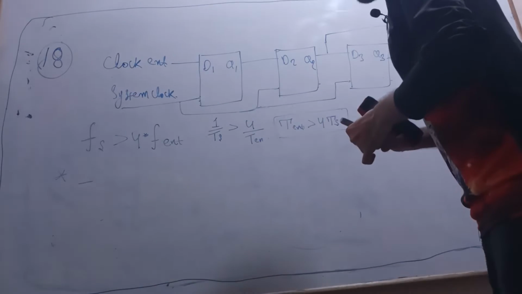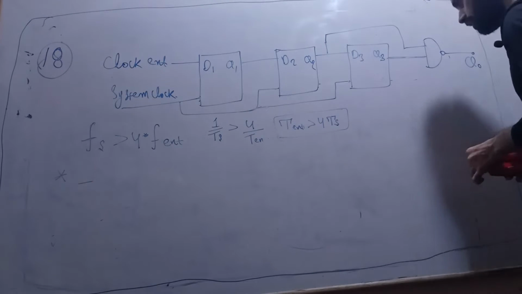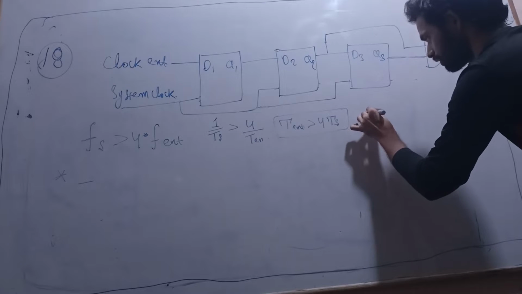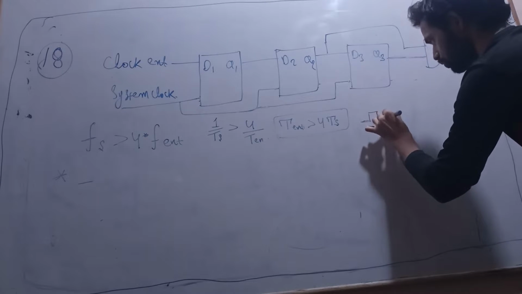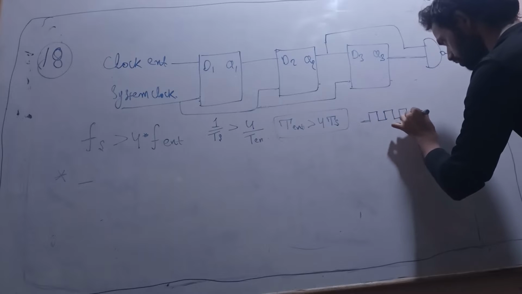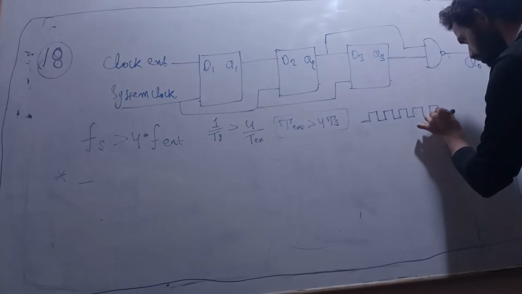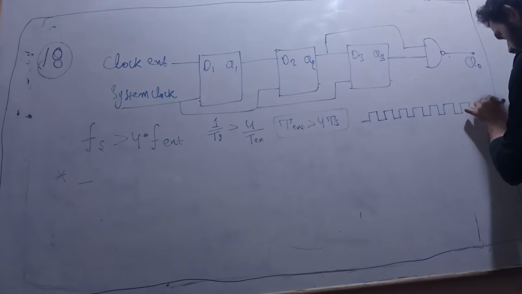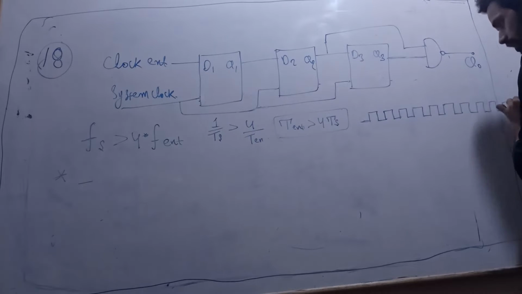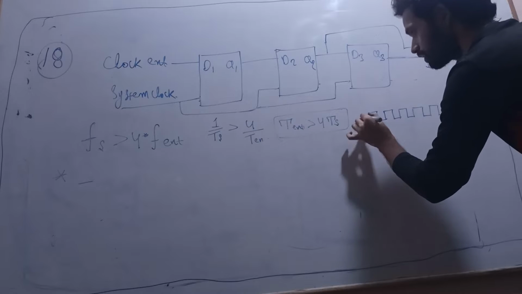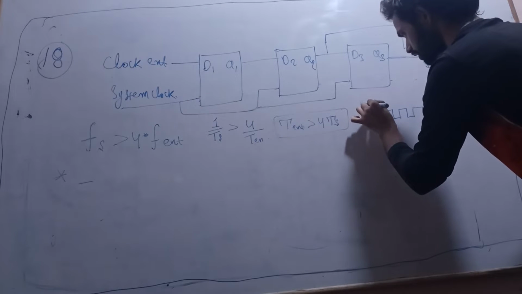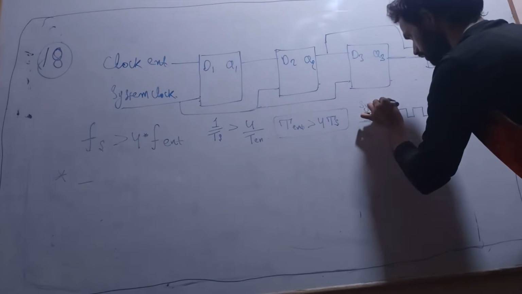This is my system clock: 1 2 3 4 5 6 7 8 9 10, like this.